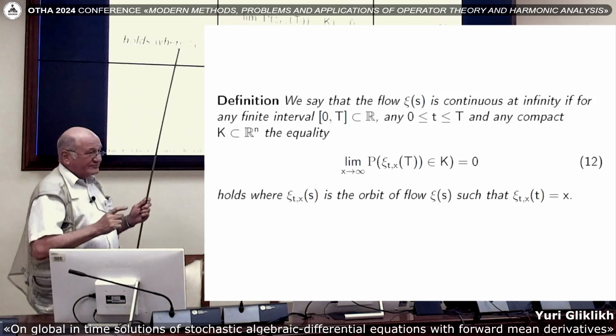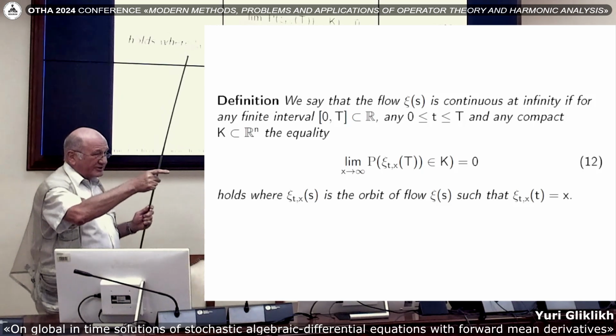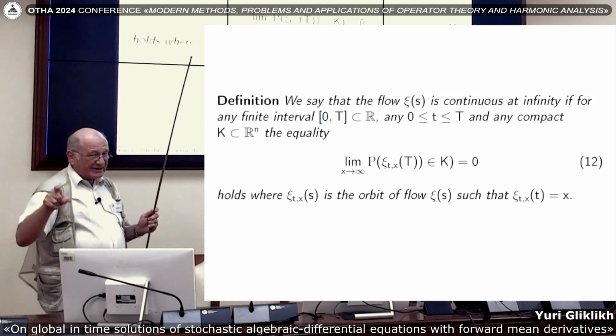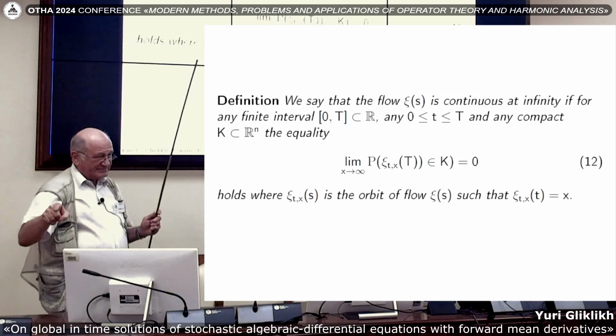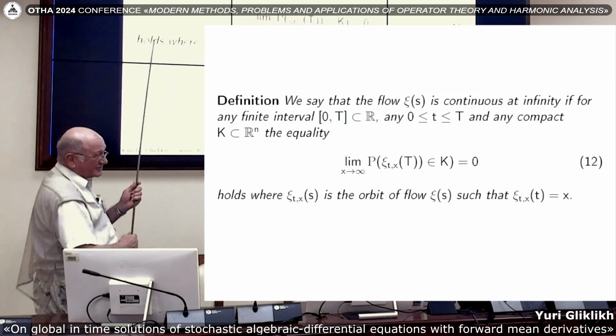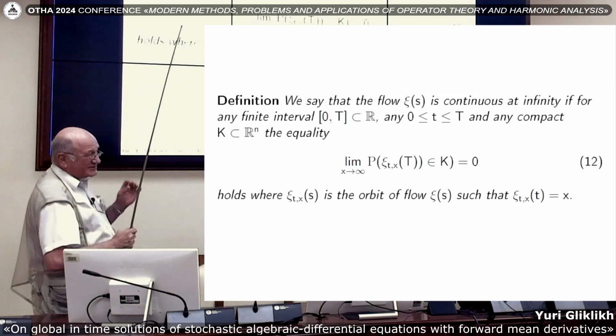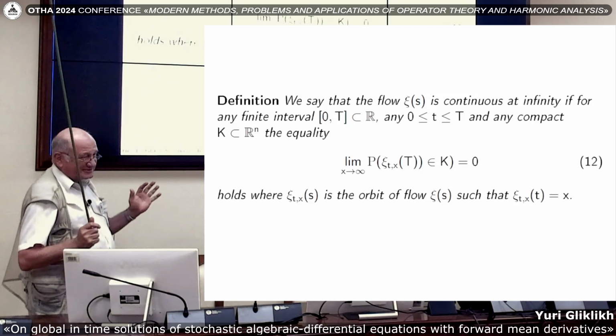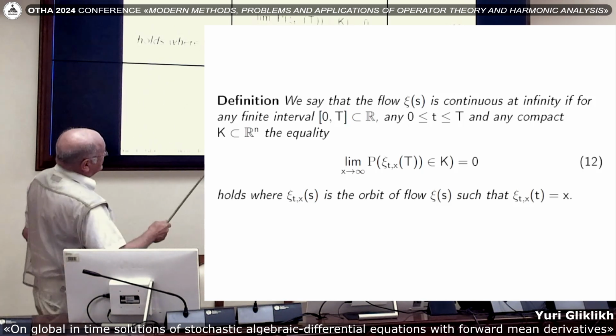It means that from infinity we cannot get into any compact set. Starting at infinity, you should understand in the common sense, of course.